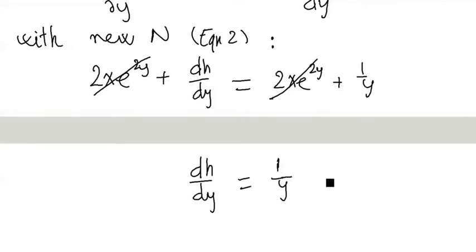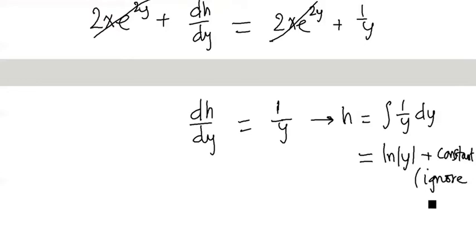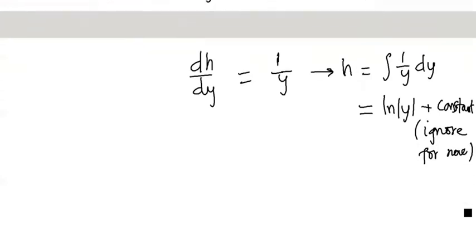So integrating, we have the integral of 1 over y dy, and so it's going to be the natural log of the absolute value of y, plus a constant. But we might ignore that for now, because at the end we will have a constant.